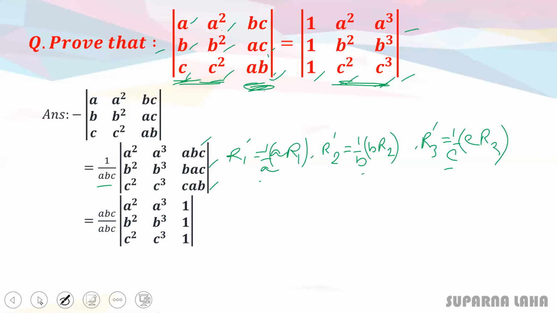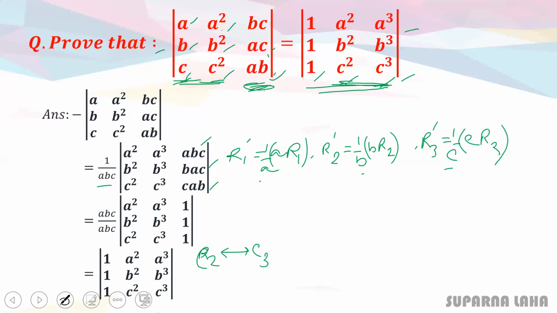If we just interchange these columns, we will find this determinant. So you need to interchange column 2 with column 3, and then column 1 with column 2. So there are 2 steps.